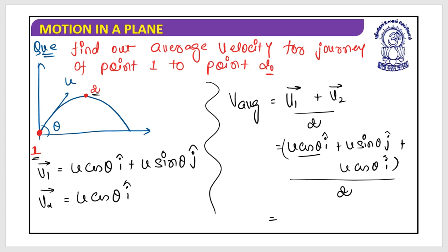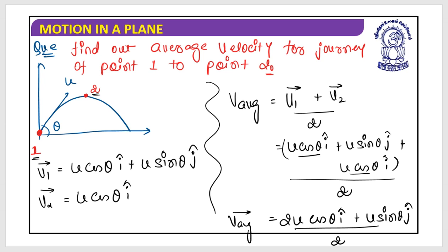So this is u cos theta plus u cos theta, which is 2u cos theta i cap plus u sin theta j cap, divided by 2.